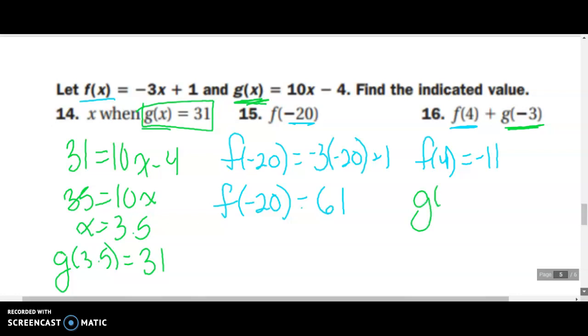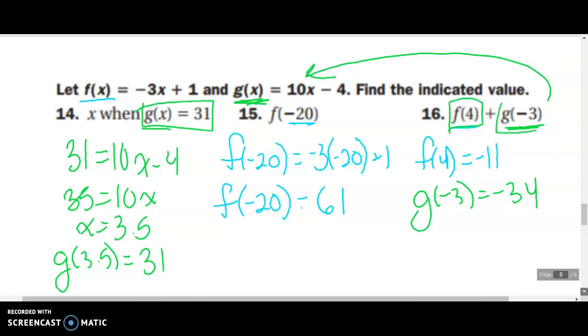So g of negative 3 equals negative 34, because 10 times negative 3 is negative 30, minus 4 is negative 34. And they want you to do whatever you got for here plus what you got for here. So negative 11 plus negative 34 equals negative 45 as your answer.